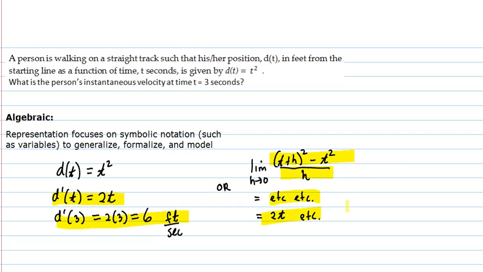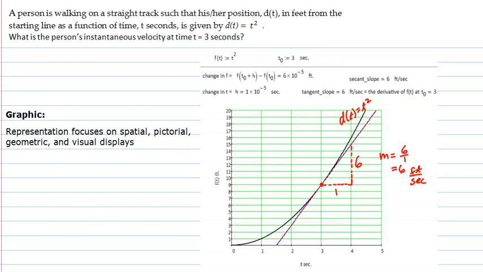If you have the data tables to go along with the algebraic, you get more of a powerful connection. And then you throw in the graphic along with those, you get an even more powerful approach. Here it's a MathCAD graph of the tangent line illustrating the instantaneous rate of change right at 3.